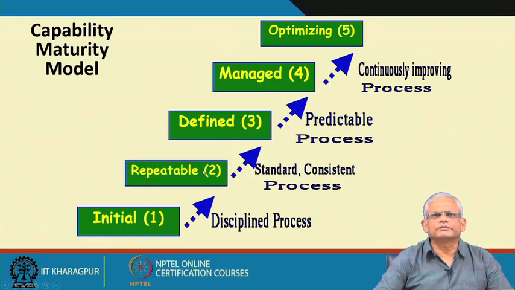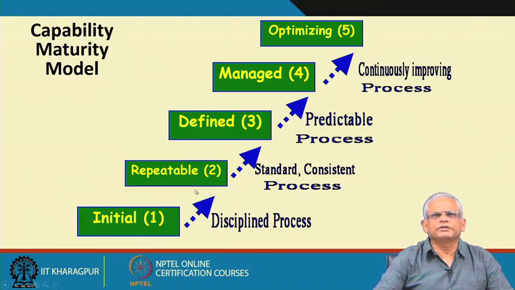In the repeatable, there must be a disciplined process, that is, the process must be followed by different developers, but there may be variation in the process, their understanding of the process may vary. But in level 3, there is a standard consistent process, only then they get to level 3. And to get a standard consistent process, the process has to be documented, it has to be defined what exactly the process is.